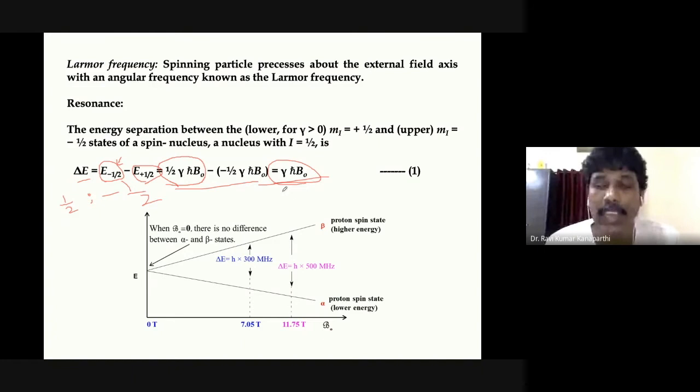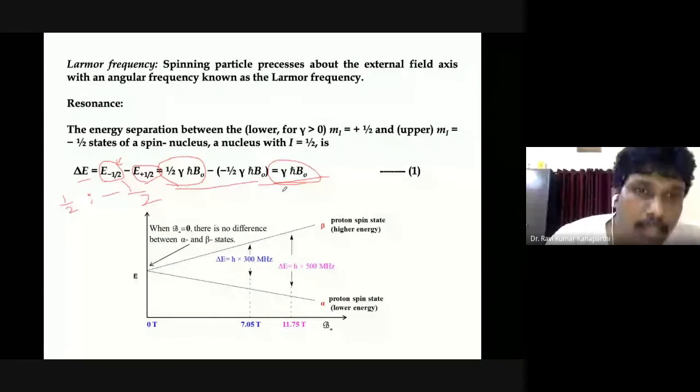Even though it has non-zero spin, since there is no magnet here, its nuclear spin energy levels will be degenerate, meaning they will have identically the same energy. When do you see this splitting? The splitting is only possible when you place the hydrogen atoms in the external magnetic field. Otherwise, you will see only a single state.